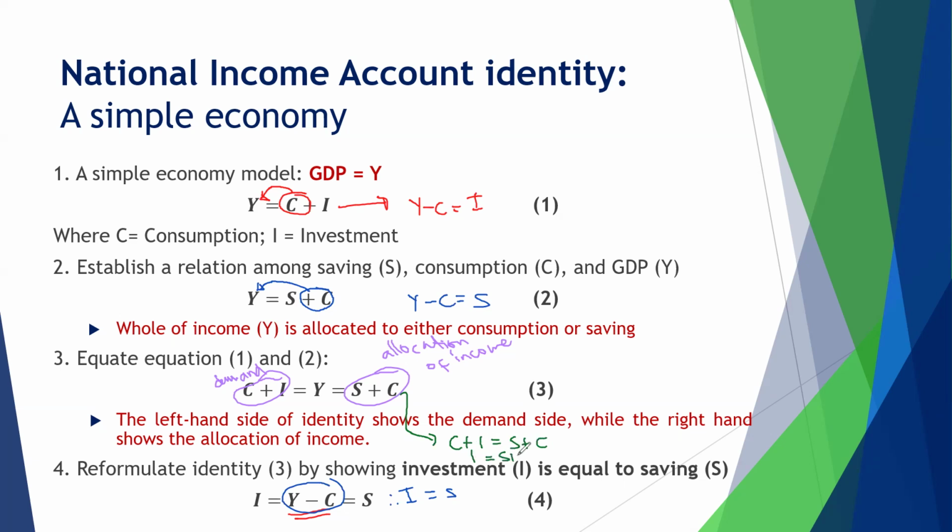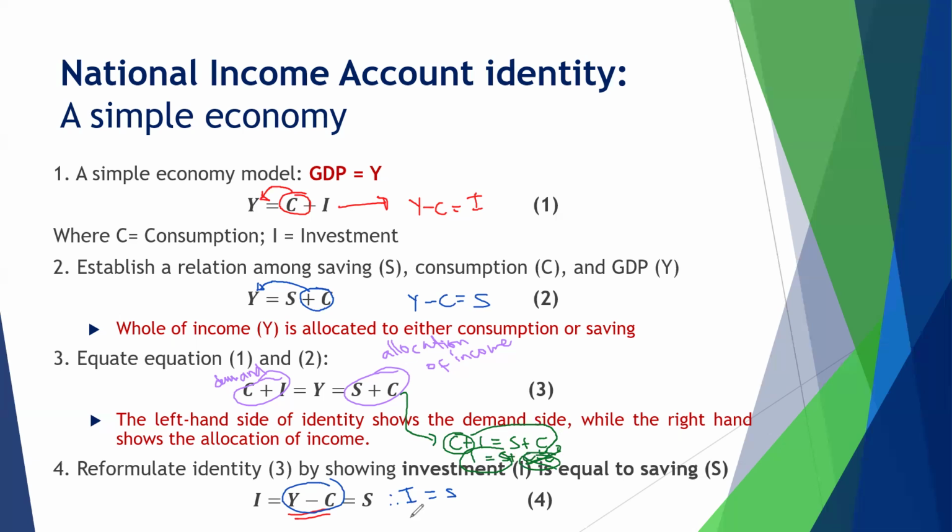So you just simply copy S plus C, and this C will be transferred to the other side, so it will become negative C. So this will become 0, because C minus C is actually 0. Now the remaining terms here are only I and S. So the only remaining is I is equivalent to savings.